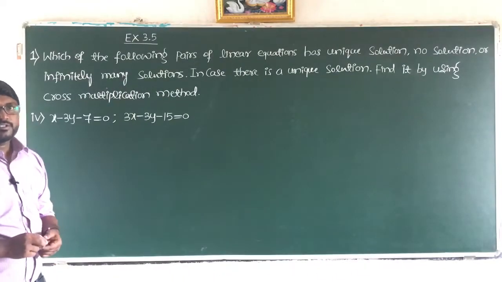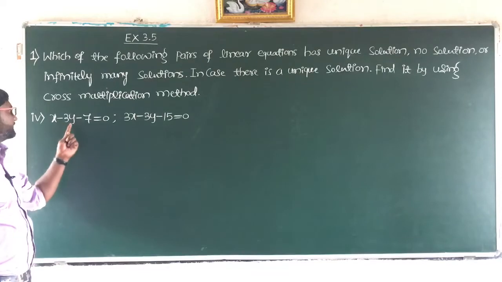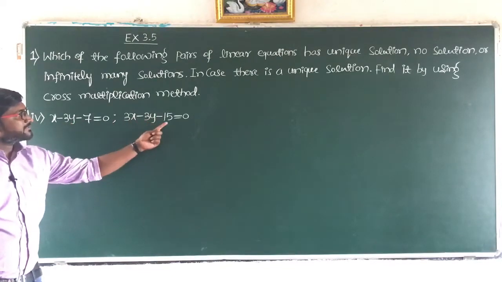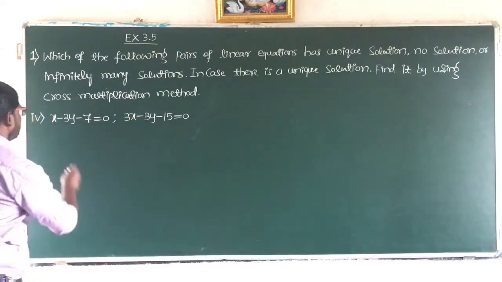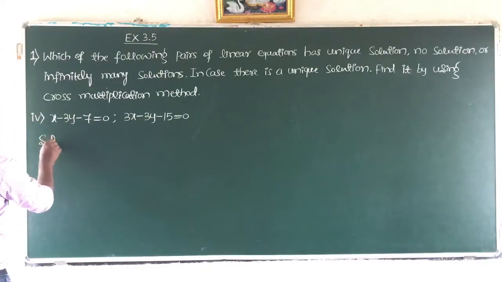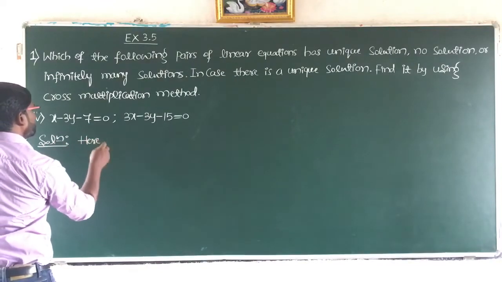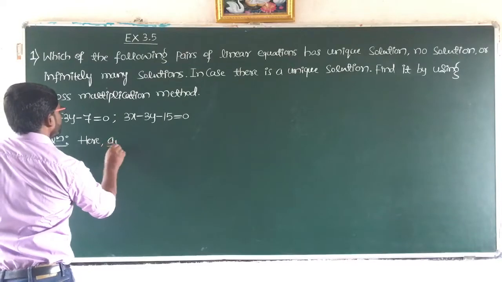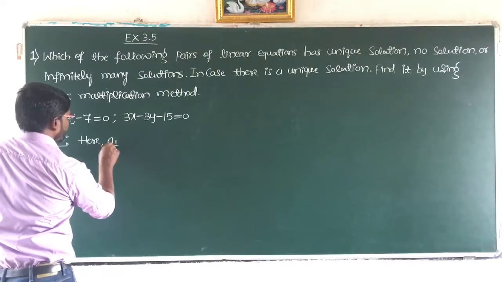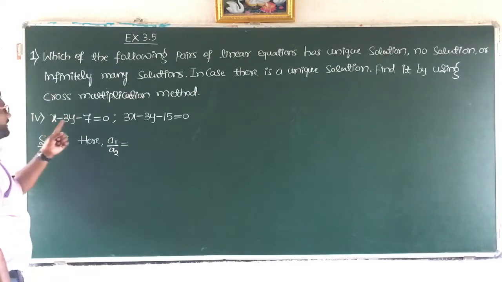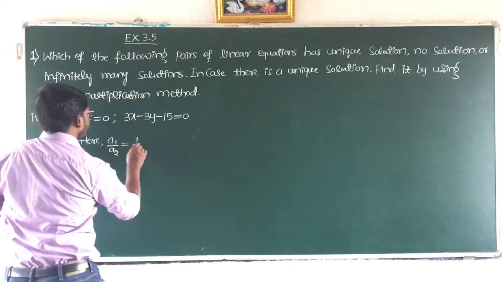Well, the fourth sub question is x minus 3y minus 7 equal to 0, and then 3x minus 3y minus 15 equal to 0. We will go for the ratios. Here A1 by A2 is equal to 1 divided by 3.